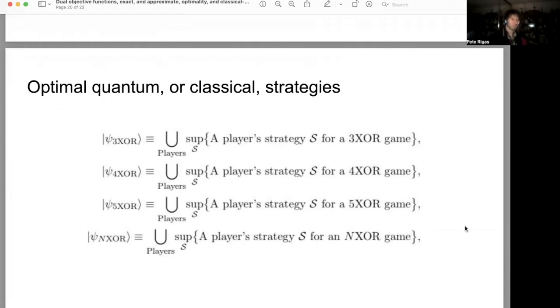And in particular, we can now really see that we're making use of quantum optimal strategies in comparison to just some of the aspects of classical information.